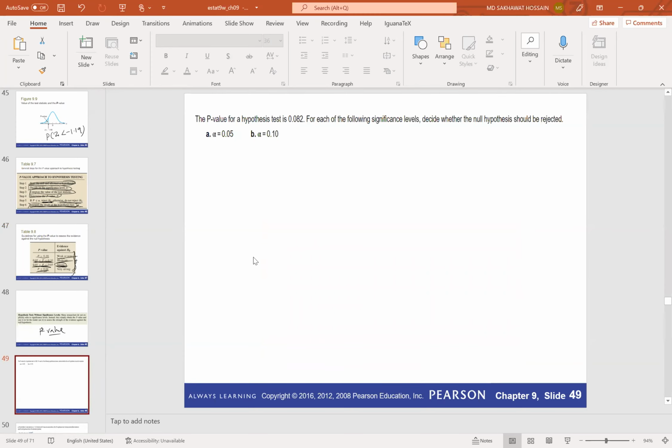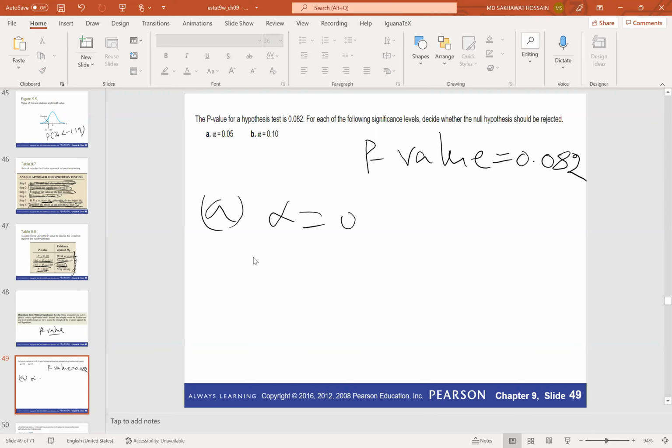Okay, so we'll go over some examples. The p-value for a hypothesis test is 0.082. And part A, alpha is 0.05.